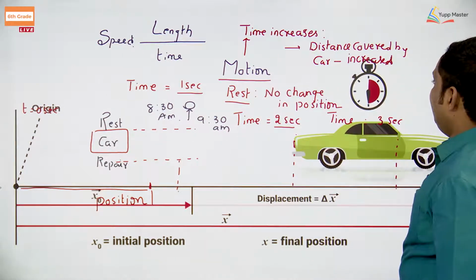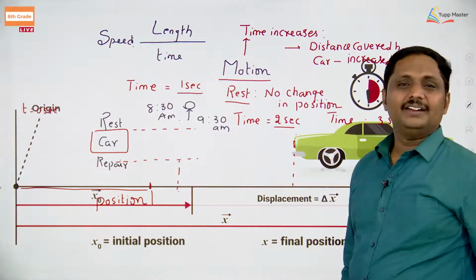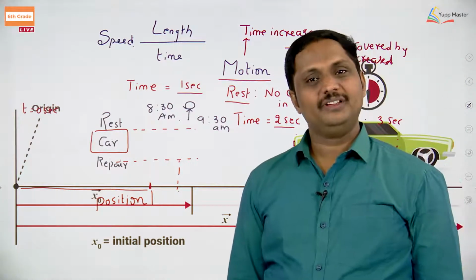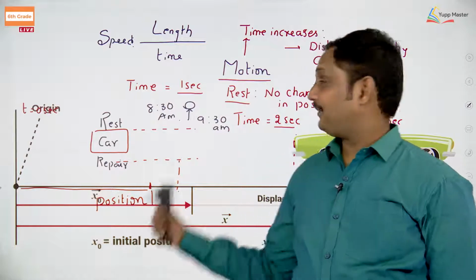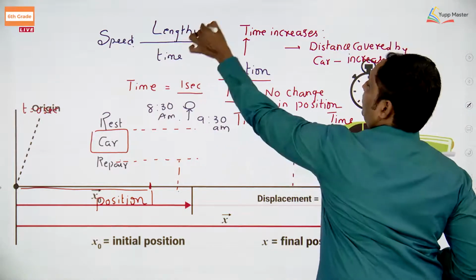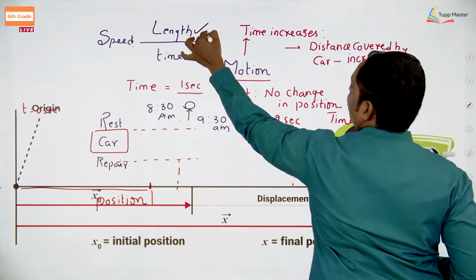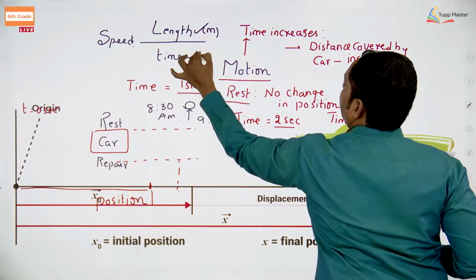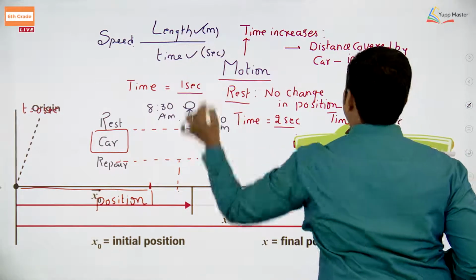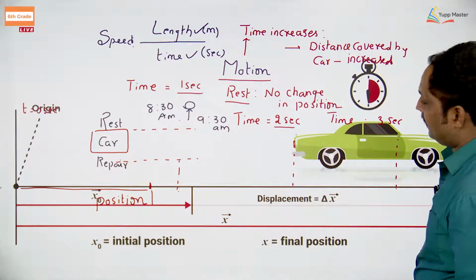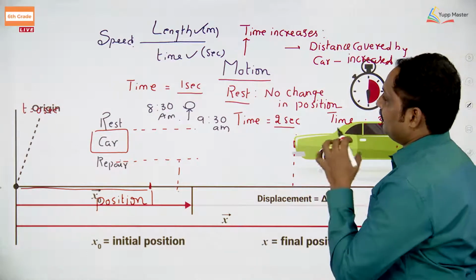Yes. Here you can easily learn how to measure physical quantities in different systems. You can take length and time in terms of meter and in terms of second. All right. So we have learned many things.